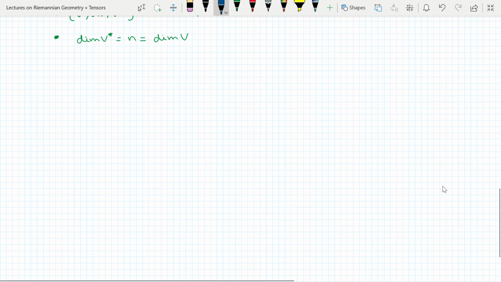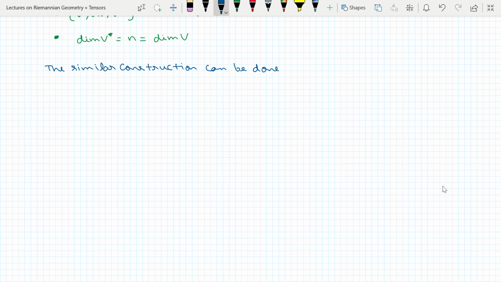Okay, let me write down what I am saying. I can do the similar construction by starting with V star, as V star is also a vector space.